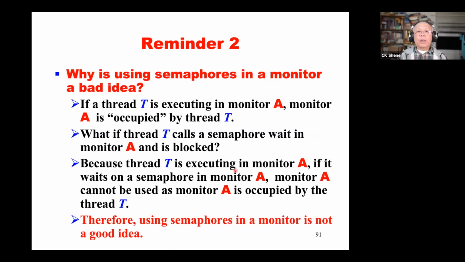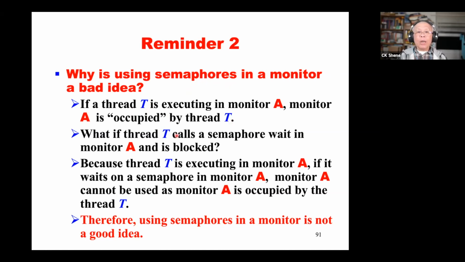The second reminder is this. Why is using semaphores in a monitor a bad idea? At least it's not a good idea. Suppose a thread T is executing in monitor A. So monitor A is owned or occupied by thread T because T has the baton.